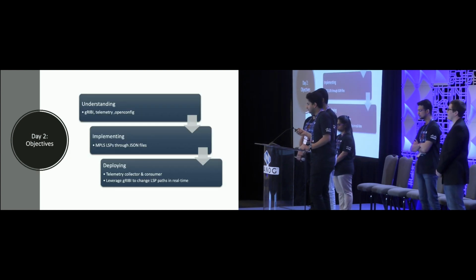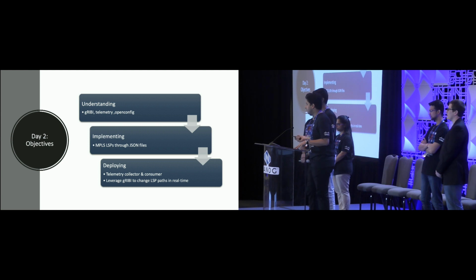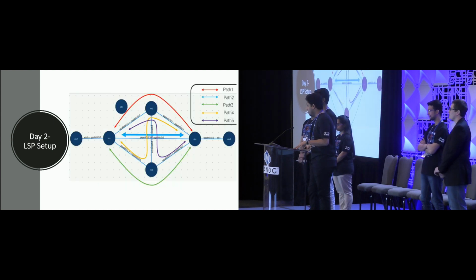So these were the objectives. We had to understand how gRIBI works, telemetry and OpenConfig, and MPLS LSPs through JSON files, and then finally deploying the telemetry collector and using all that information to modify the LSPs or traffic engineer our paths as and when network events happen in real time.